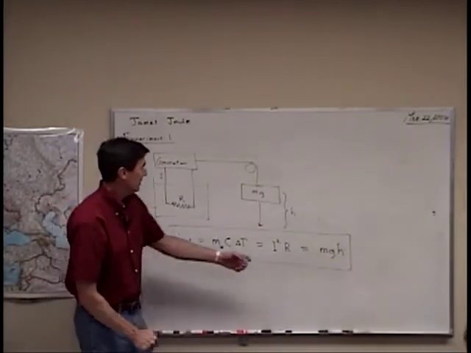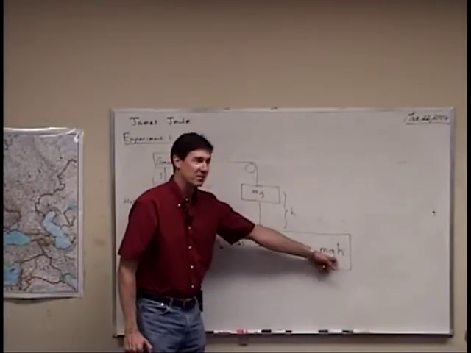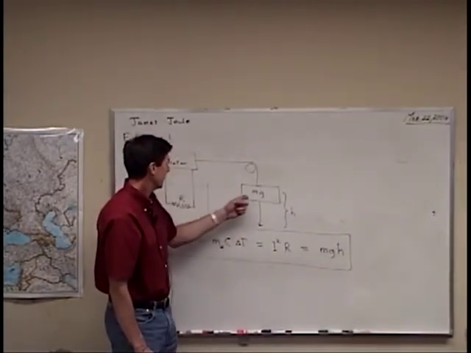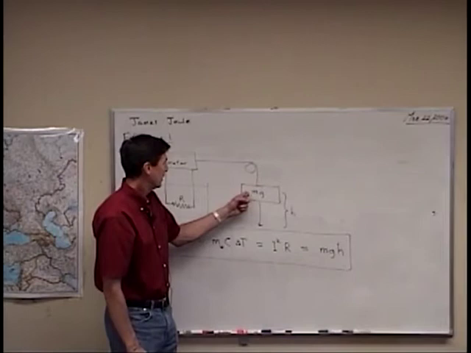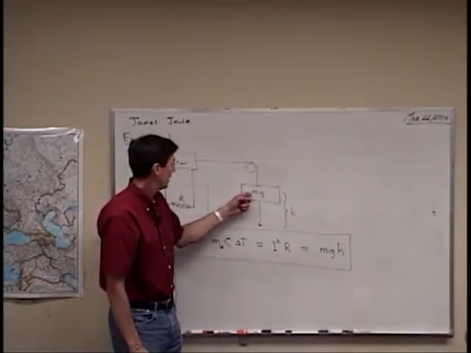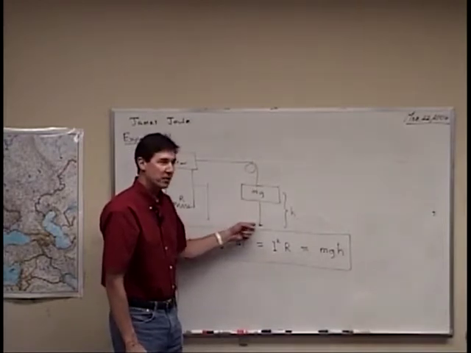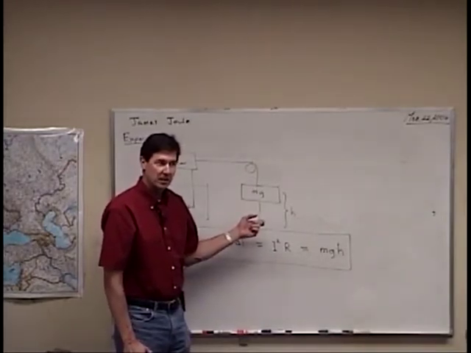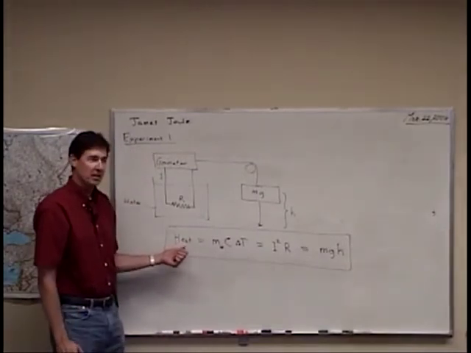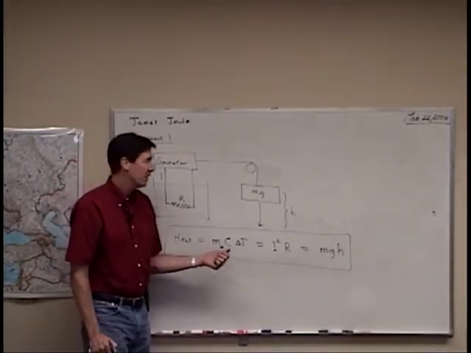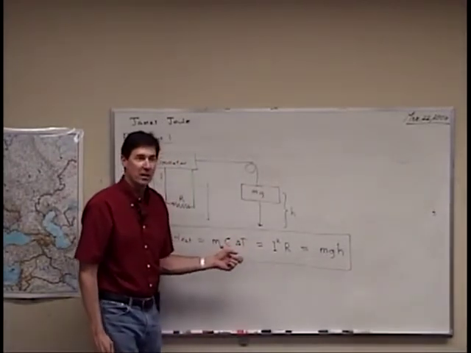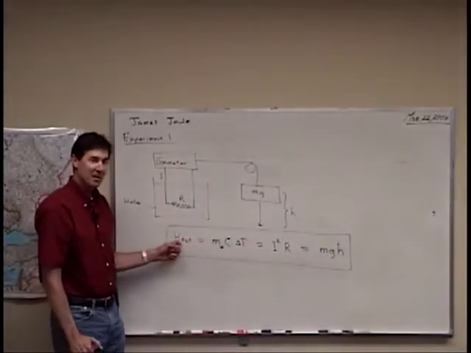So notice, now this part of the equation is interesting, because notice if he doubles this weight but only drops it through half the height, he'll generate the same amount of heat. If he uses half the weight but drops it through double the height, again, he gets the same amount of heat.